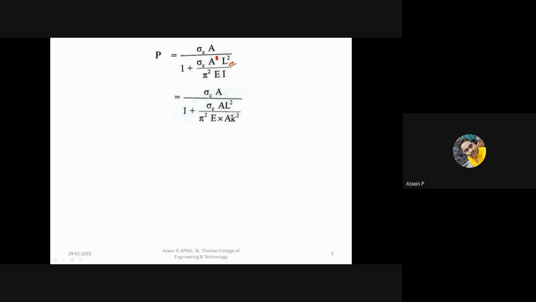Here it is corrected, there is no square that was mistakenly added. After that, you can cancel A in both top and bottom. So you will get the equation as sigma C into A divided by 1 plus sigma C divided by pi square E into L by K whole square. This is an important equation.